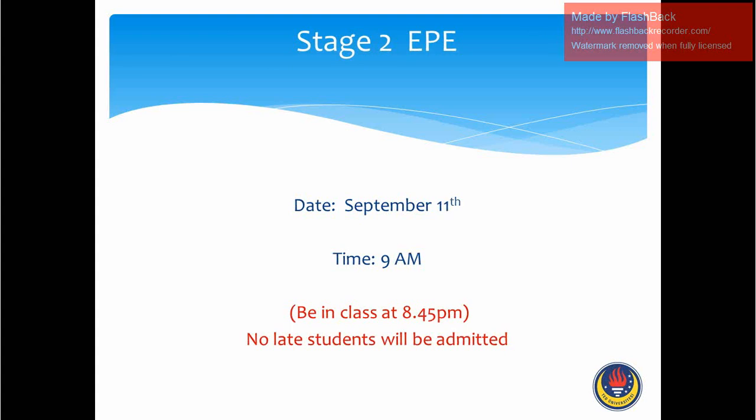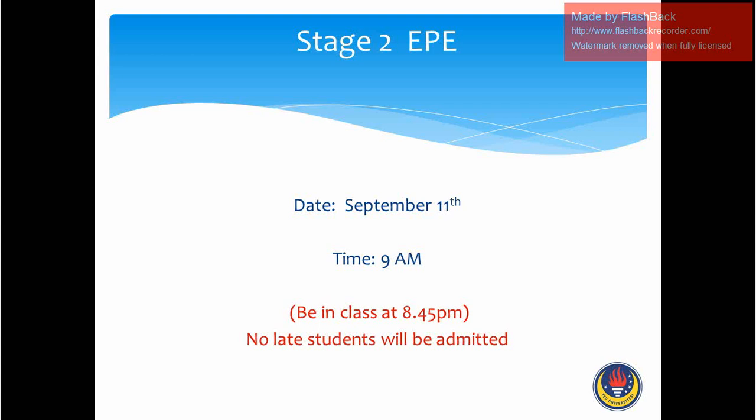Now, stage one was the EPL. If you've been successful in completing the EPL and received an upper grade, you'll be invited to do the EPE, which is in two stages, stage 2 and stage 3.